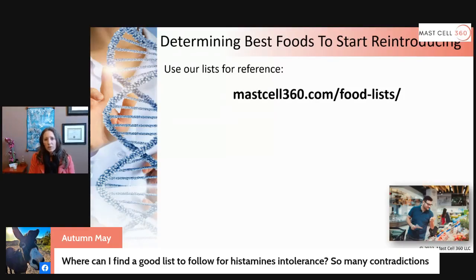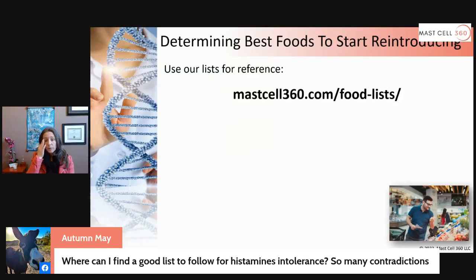Why are there so many contradictions? This is really common, Autumn, and part of it is that a lot of the foods lists were copied from each other. So if there was a mistake in one, it got copied into the next one. Some of it is based on data that was correlating anytime somebody reacted to a food, but they weren't controlling for, were they reacting to histamine, or was that a salicylate, or so on.